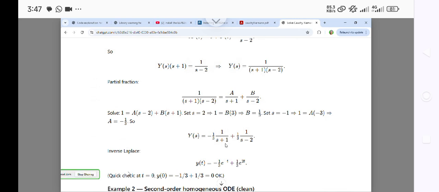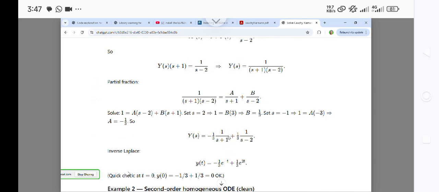Now, from the table, it's always exponential that gives this type of thing, s plus 1 under here, s plus something, whatever. If you want to go back now, this will mean exponential minus 1t, because what is here is 1. Remember that this normally comes from that exponential coefficient.